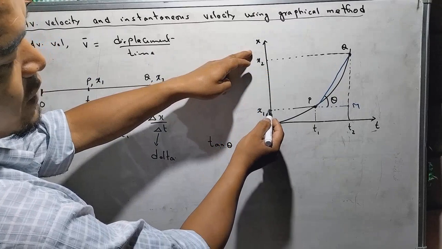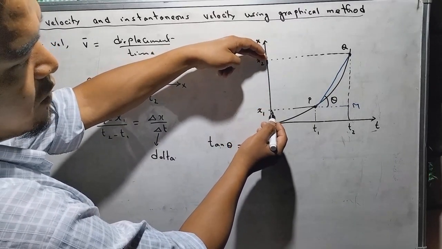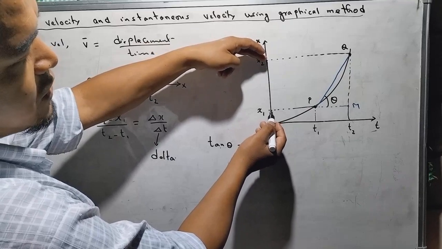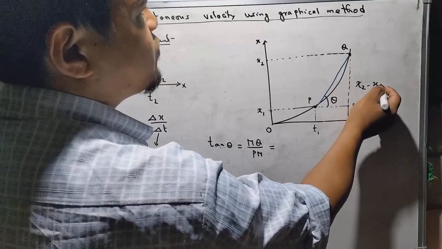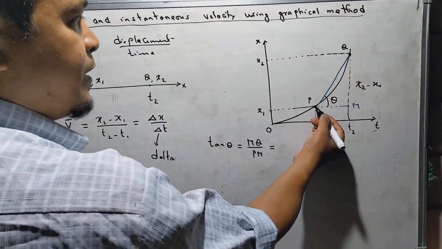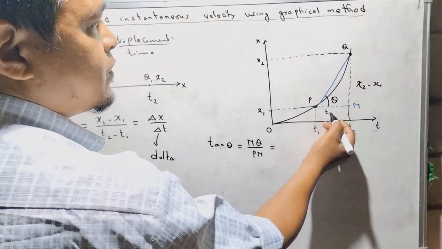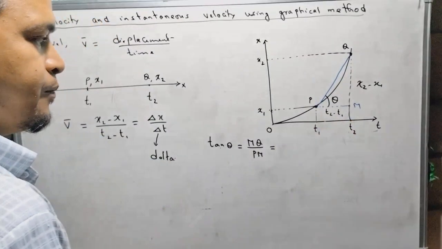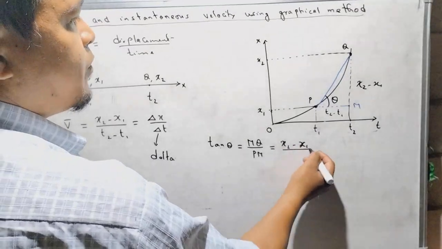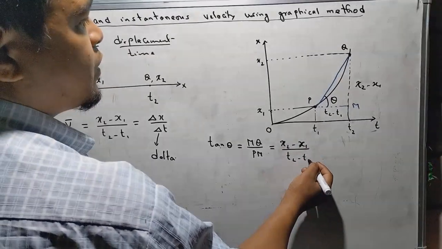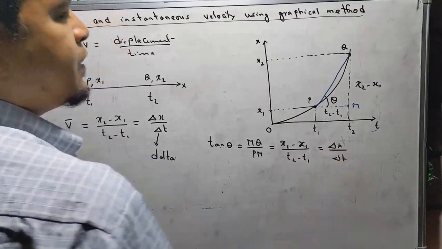From here till here it is x1. So this distance is x2 minus x1, so MQ will also be x2 minus x1. Similarly, PM will be equal to t2 minus t1. So this is x2 minus x1 upon t2 minus t1, or I can say delta x upon delta t.